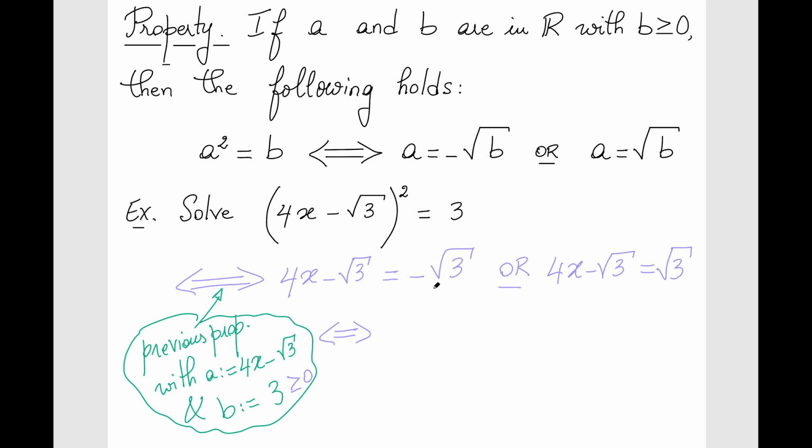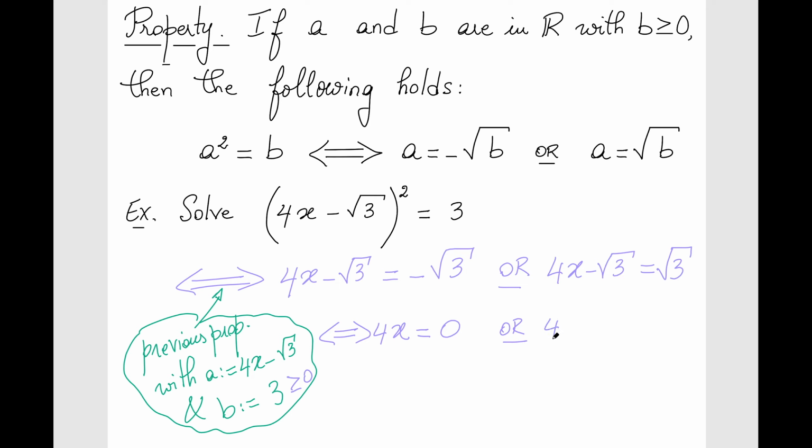Let's add square root of 3 to both sides. If you add square root of 3 to both sides, it's going to disappear from here. So you get 4x, and remember what I'm doing? I'm adding square root of 3 to both sides, and it's going to disappear here as well. So I'm going to get 0. Over here, I'm going to add square root of 3 again, to make this disappear, since I'm solving for x.